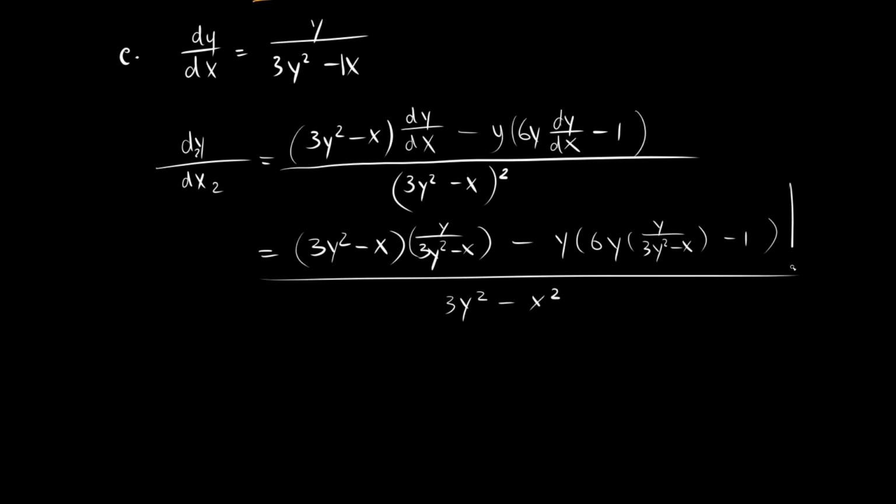And this has to be evaluated at the point -1, 1. Now, usually I'd show you some sort of work about how I got my answer, but for the sake of time, just plug these values in, this for x and this for y, and you get 1 over 32.